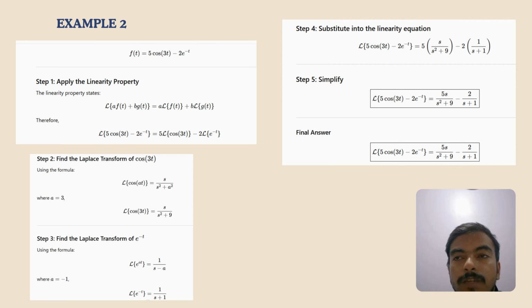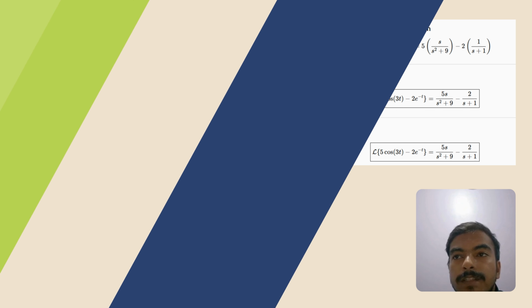As we can see, the 5 and 2 must be multiplied from outside the bracket into the inside of the bracket. The 5 will give 5s and the 2 will be 2. Then the final answer will be the same.